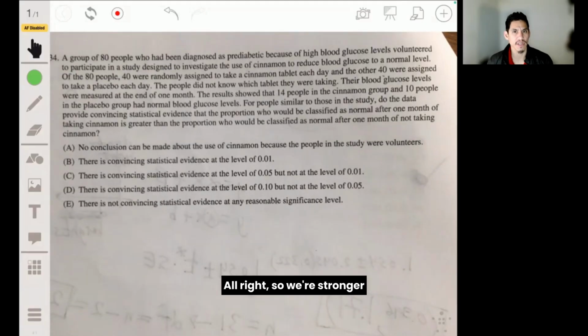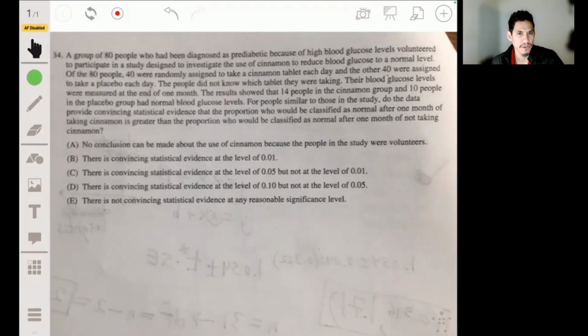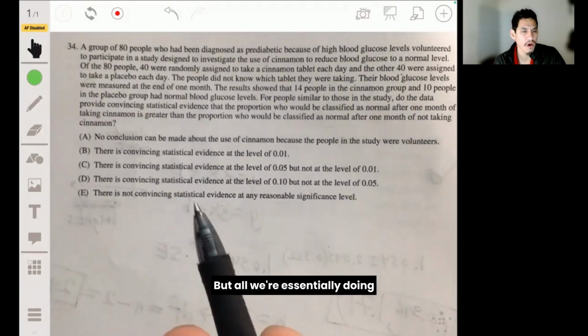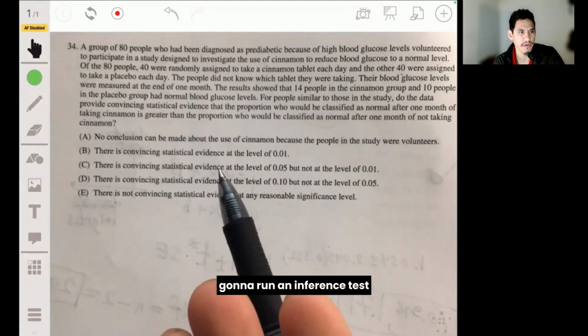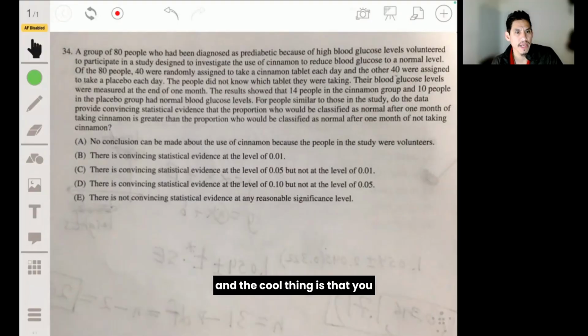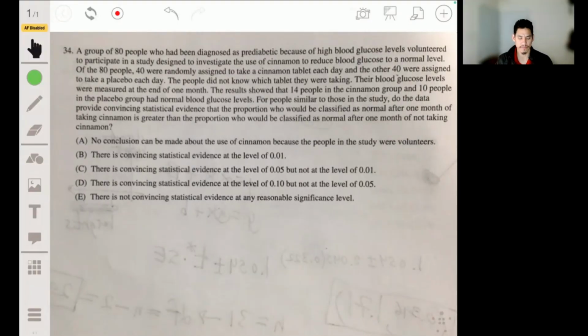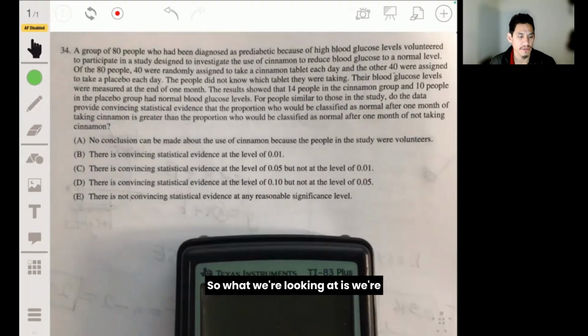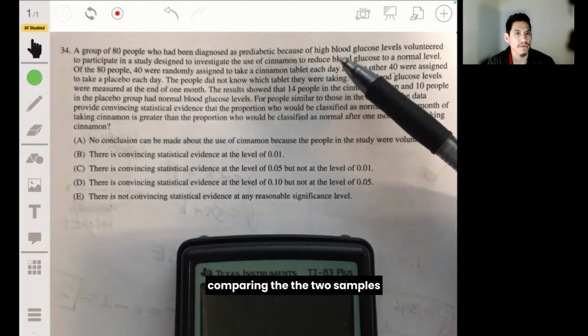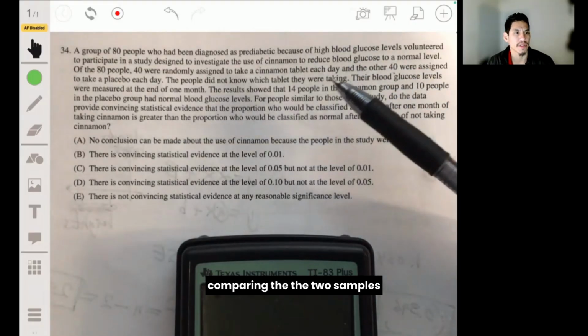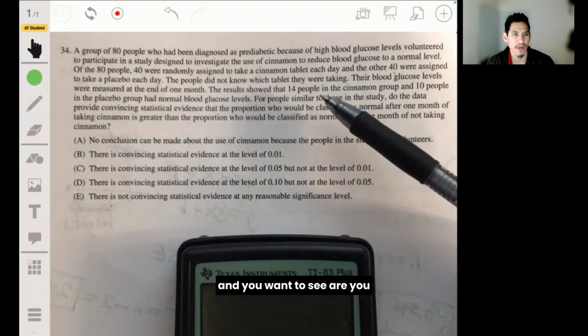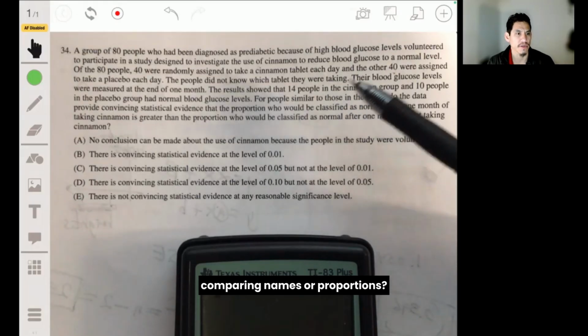All right, so these problems are getting longer and longer. You gotta be a good reader and be patient. But all we're essentially doing here is we're gonna run an inference test. And the cool thing is that you can do this all in your calculator. So what we're looking at is we're comparing the two samples, and you want to see, are you comparing means or proportions?